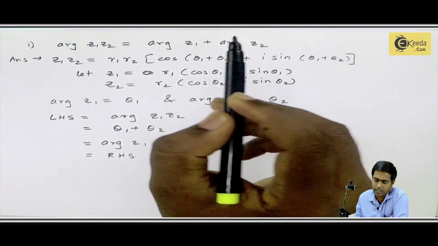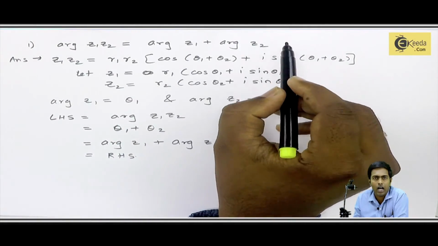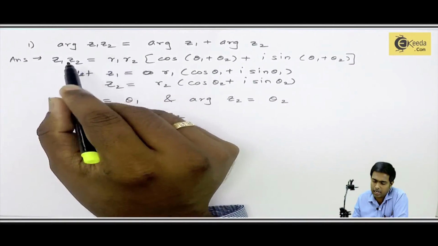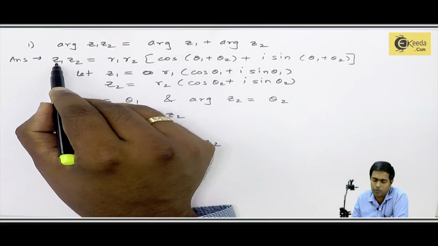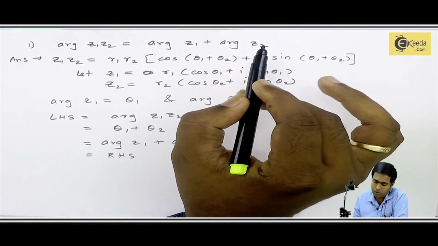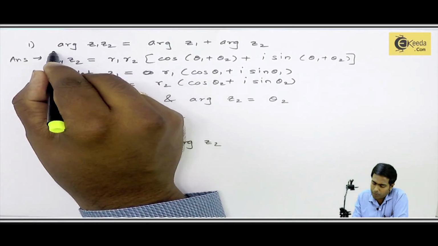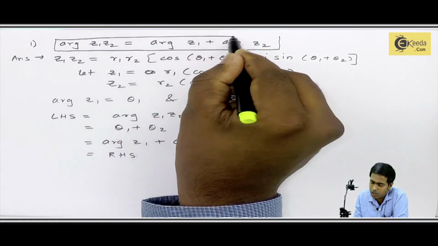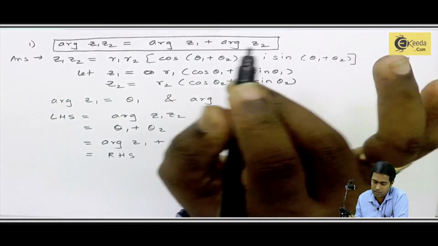So you have all seen that to prove this result, I have used the previous result, which shows that argument of z1 into z2 is theta 1 plus theta 2. So this is one more formula of complex numbers which will be useful in solving numericals.